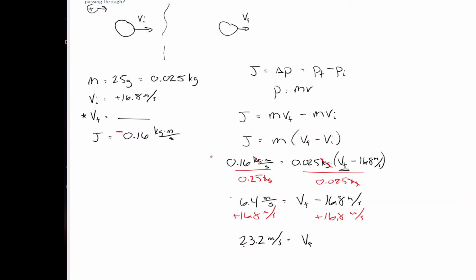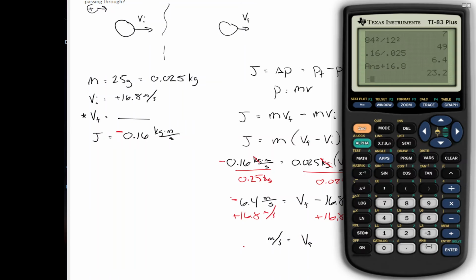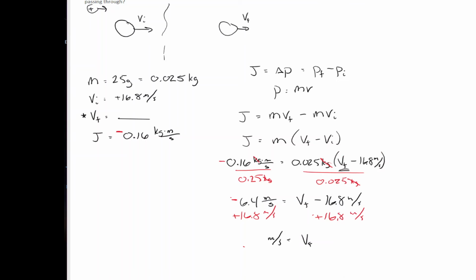And when you get the negative in here, we'll start putting the negative here on the left side with our impulse. When you divide, you actually get negative 6.4 as the change in velocity, right? That glass is subtracting velocity. And when you take our negative 6.4 and you add the 16.8, you get 10.4 as our final velocity, which makes a little bit more sense.